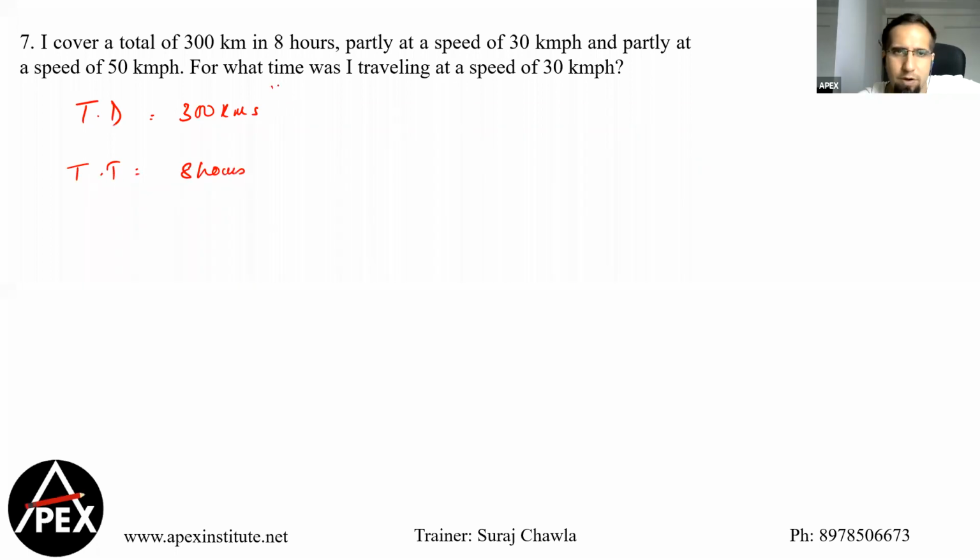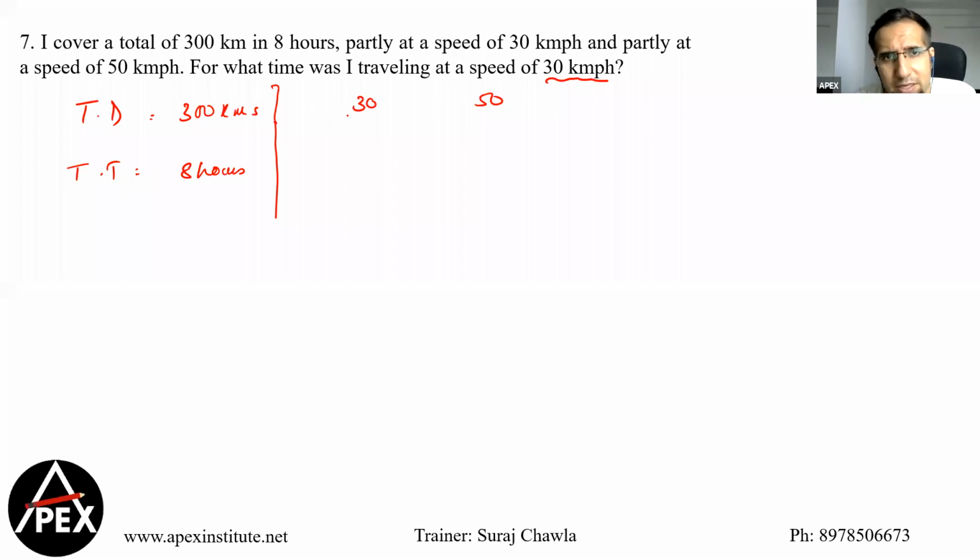Okay. Now, if I look at it this way, I'm given speeds of 30 kilometers an hour and 50 kilometers an hour respectively. Now read the question statement, guys. The question statement says, find the time for which I was traveling at 30 kilometers an hour. So it's advisable to take time as x.